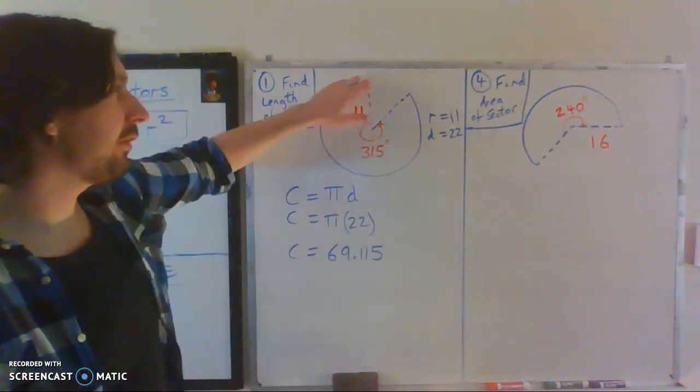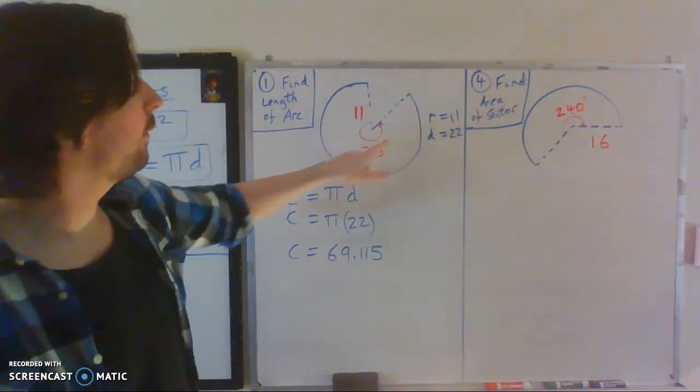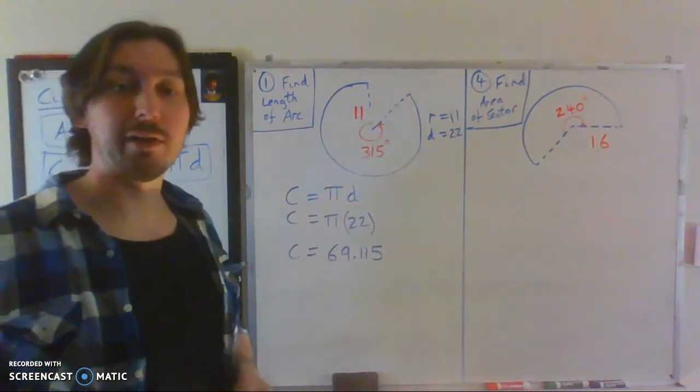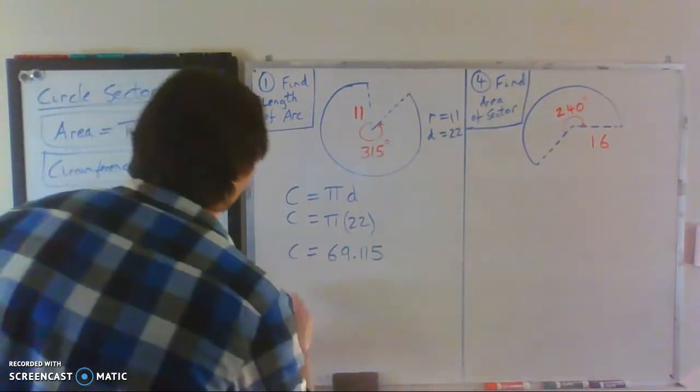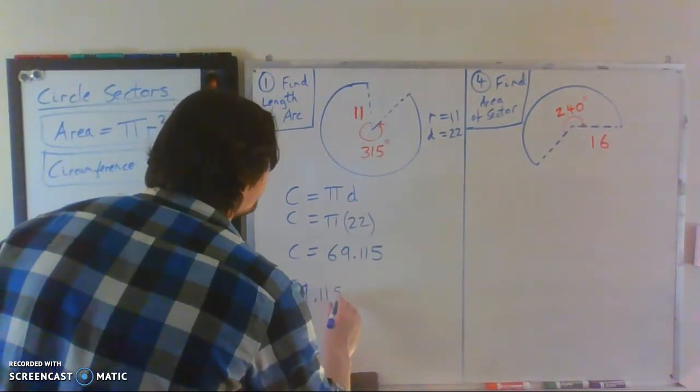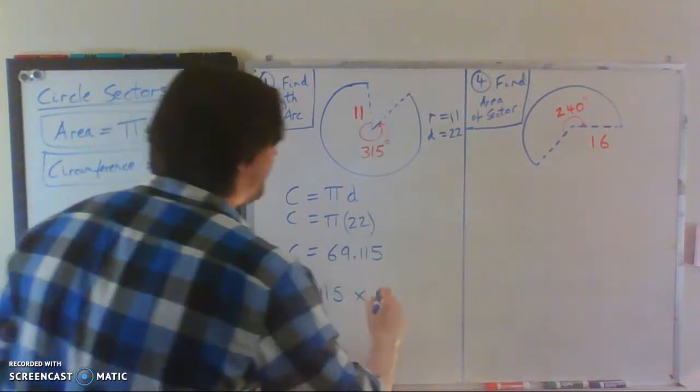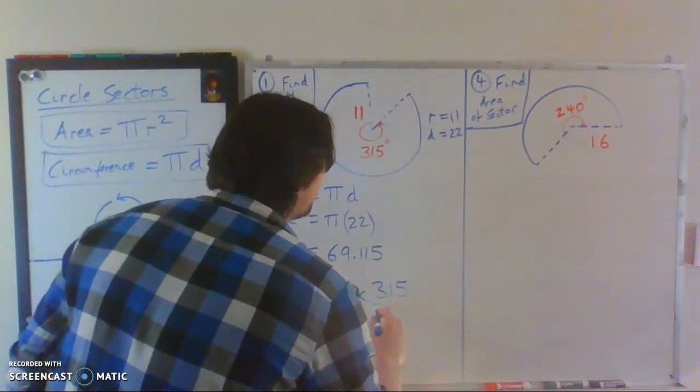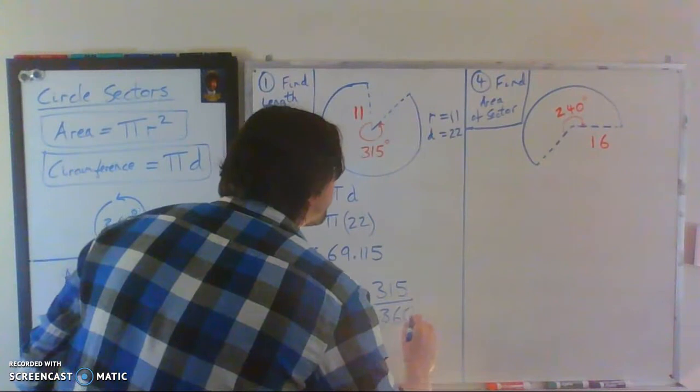But I just want to find this part, the part with 315 degrees. So I'm going to take my 69.115 and I'm going to multiply it by 315 over 360.